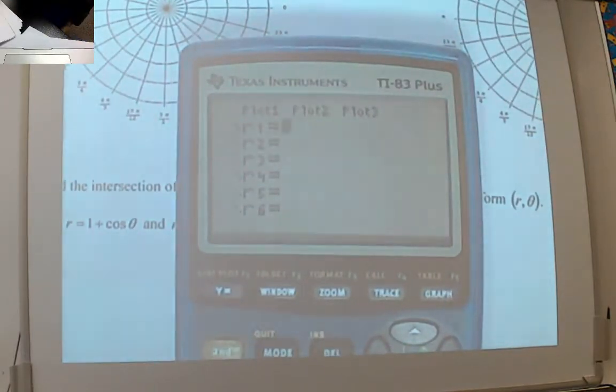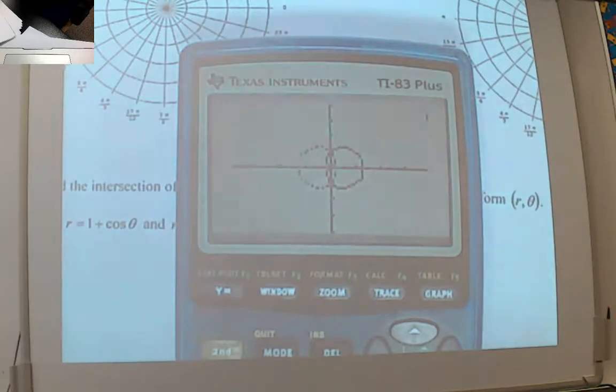What was it, 1 plus cosine theta, and 1 minus cosine theta? And so there's the graph right there of those two cardioids.